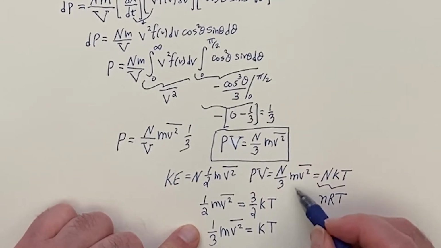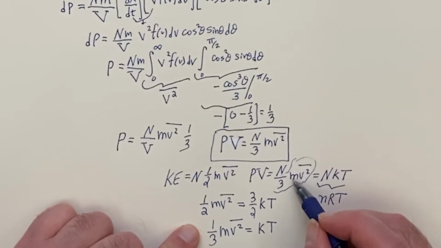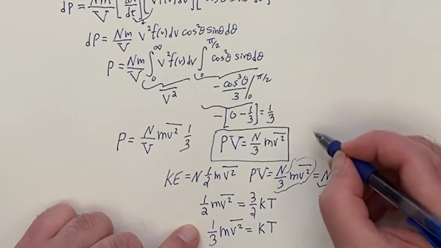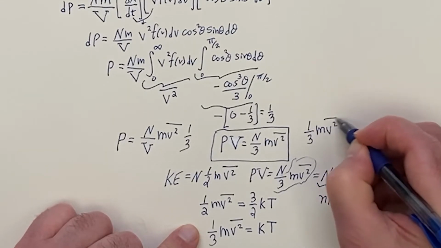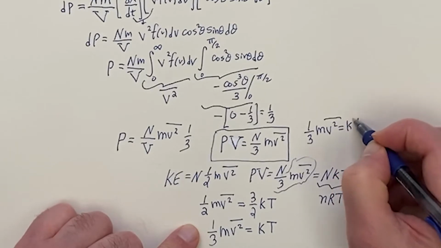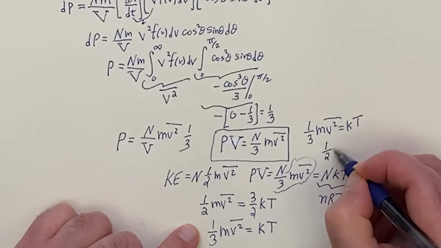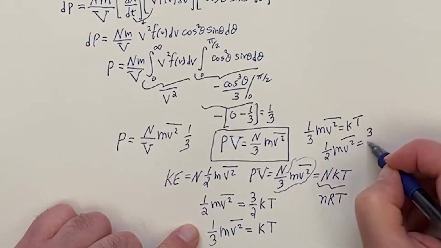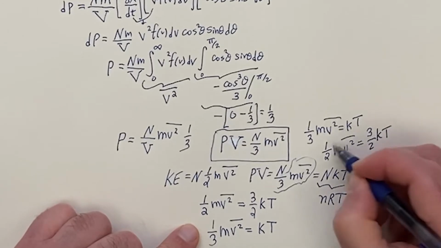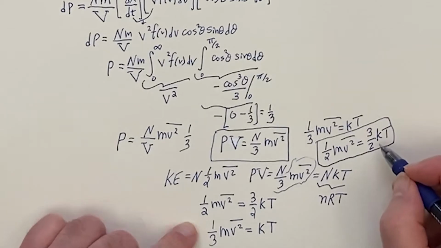We're saying the 1/3 mv squared bar is kT. So we could have actually written that down first. That might have been better to just start with that. And then say if you put the 1/2 here and bring the 3 over here and put the 1/2 on the other side, then you get this. That's a little more elegant, so let's do it that way.